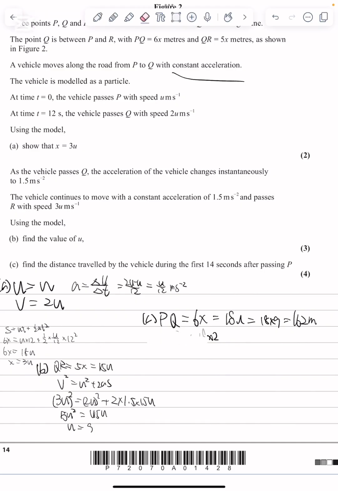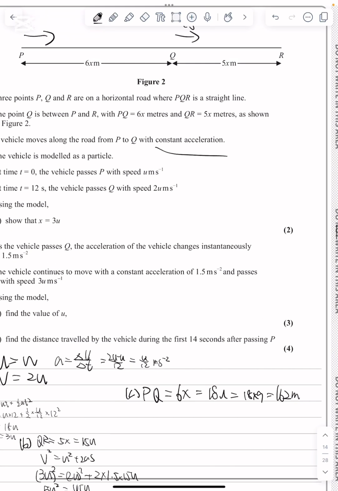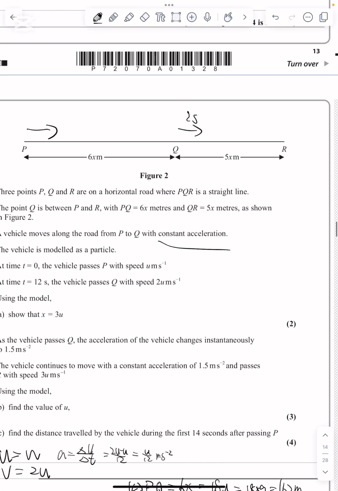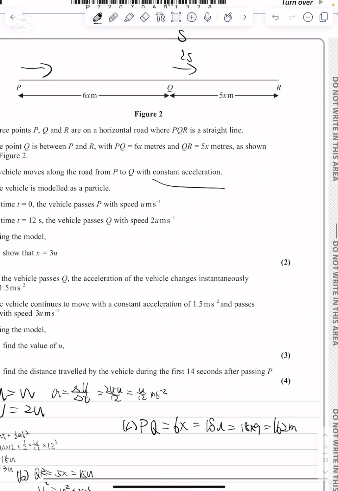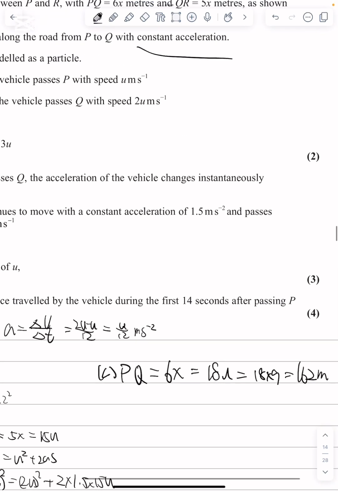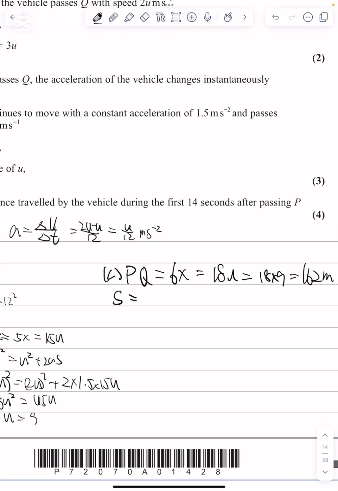Okay, this is messy. I don't want the people watching this video to not understand, so I'm gonna denote this as distance S, and then S is ut plus 1/2 at squared, right?